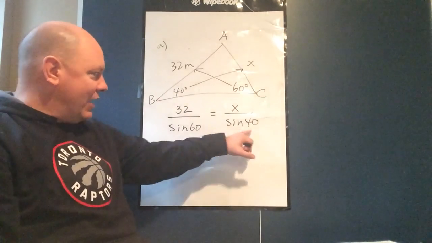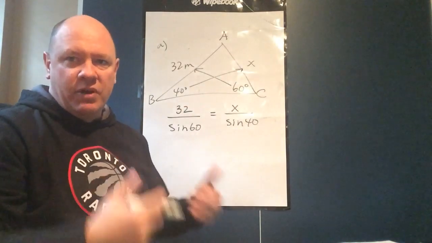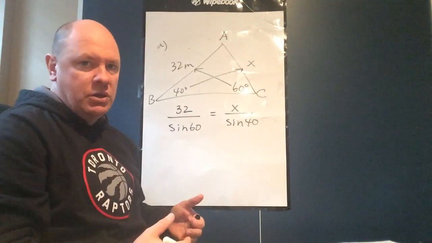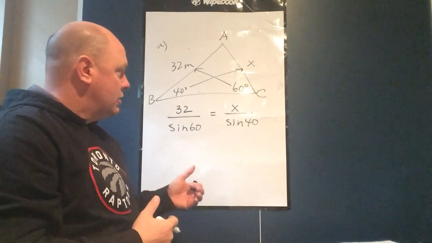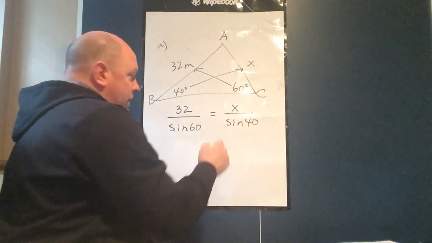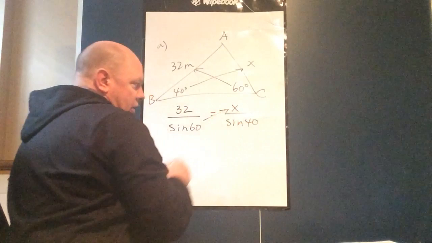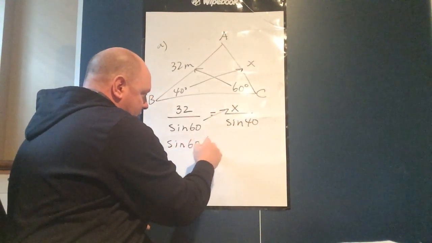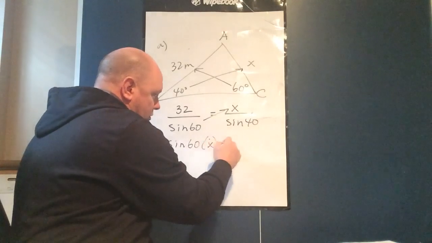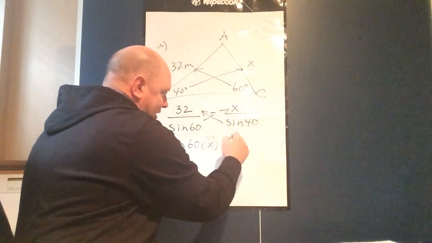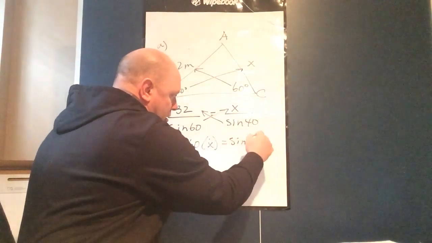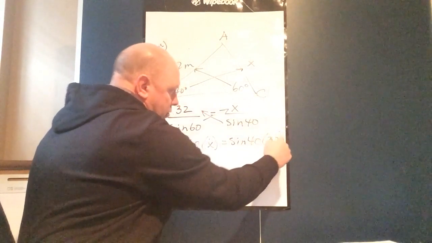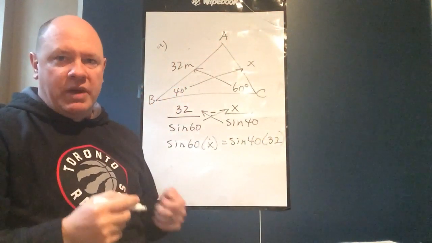Okay, remember the angles go with the sine function, the angles, not the side length, the angles. So at this point, I want to do my cross multiplying. So sine 60 times X equals sine 40 times 32. Okay, so that's the format there.